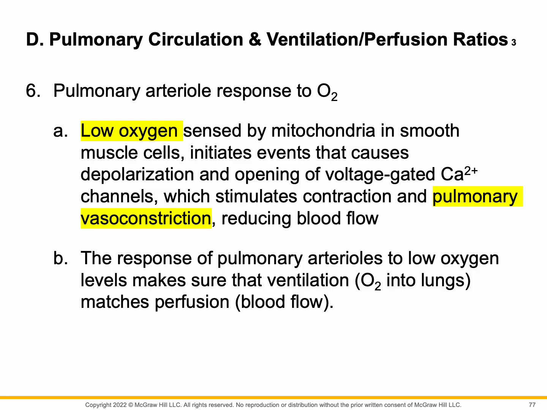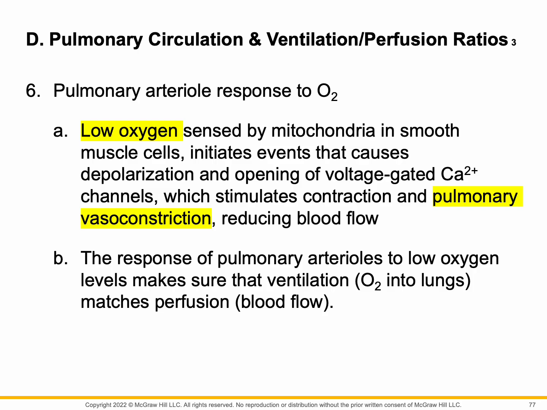So let's look at the response of the pulmonary arteriole to oxygen. Low oxygen sensed by the mitochondria in the smooth muscle cells initiates events that cause depolarization and opening of voltage-gated calcium channels, which then stimulates contraction and pulmonary vasoconstriction, reducing blood flow.